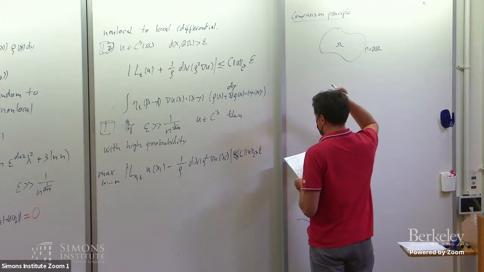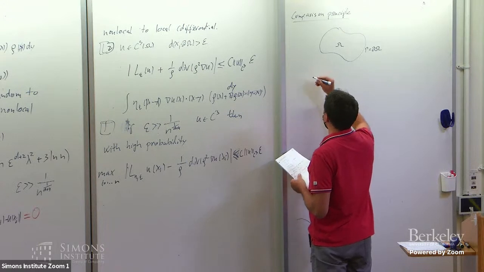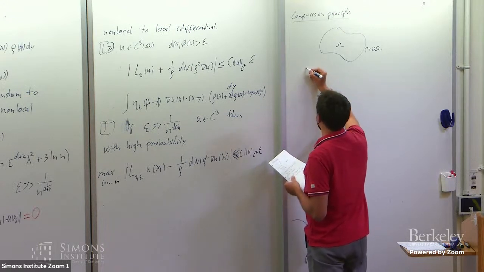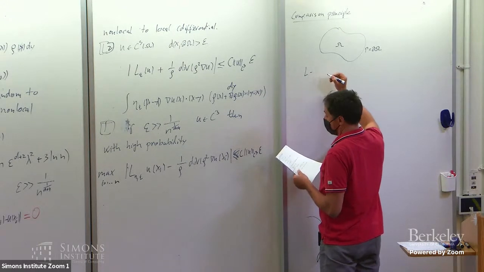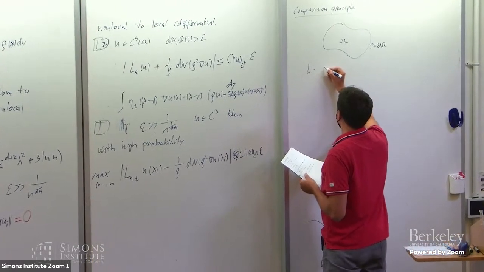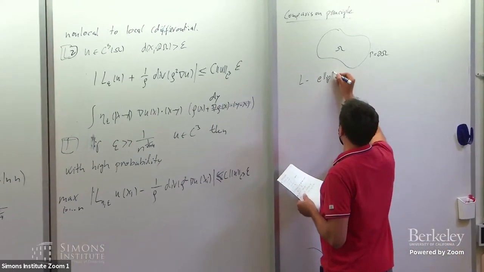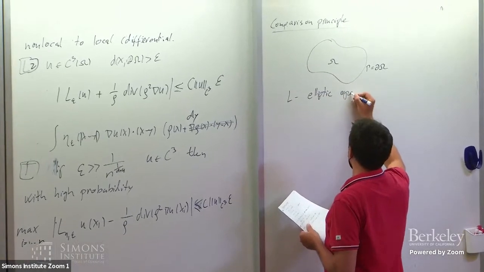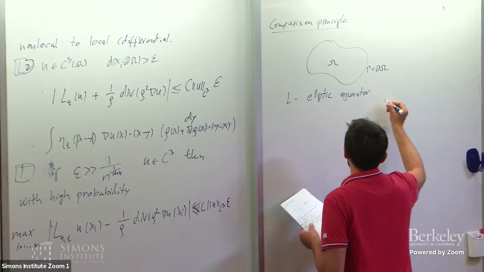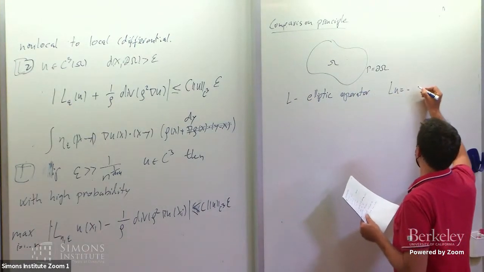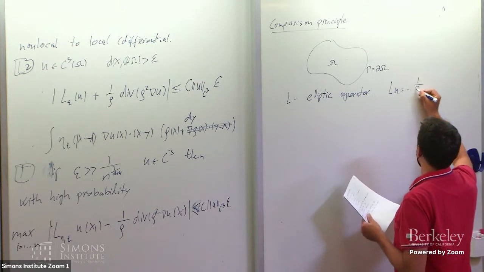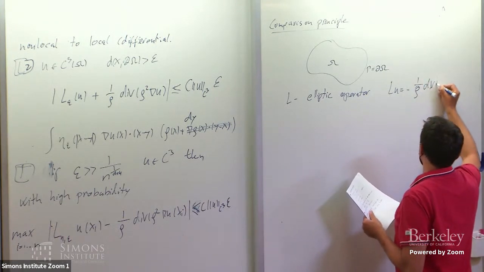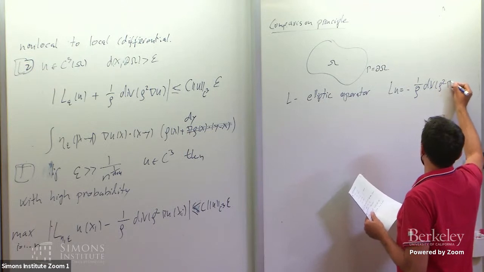Let me look at a linear elliptic operator L. For example, let's say Lu is negative 1 over rho divergence of rho squared gradient u.